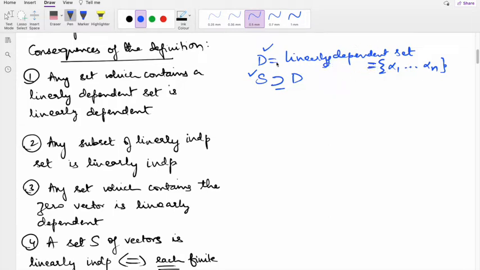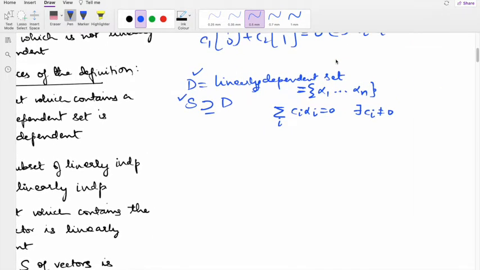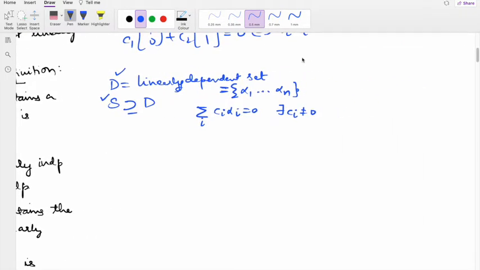Here the idea is that I can find scalars such that the linear combination is 0, and there exists some Ci which is non-zero. This is by the definition of a linearly dependent set. Now, since S is a superset of D, S contains alpha 1 to alpha m, and it also contains some other vectors, beta 1 to beta m.